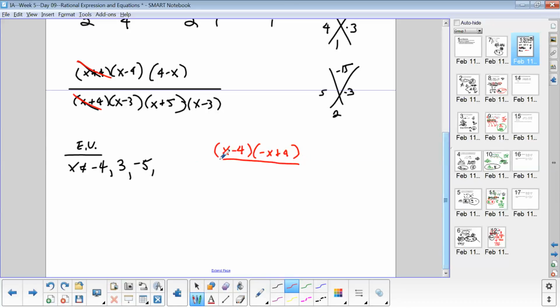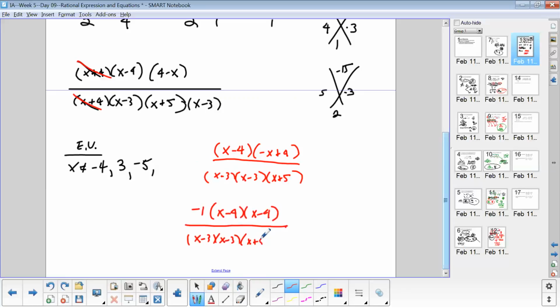All divided by, well, here I've got x minus 3, x minus 3, and x plus 5. So we could factor out the negative here, and we could say negative 1, and then that would be x minus 4 and x minus 4, all divided by x minus 3, x minus 3, x plus 5.